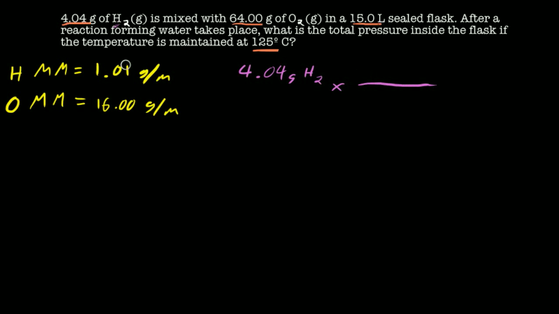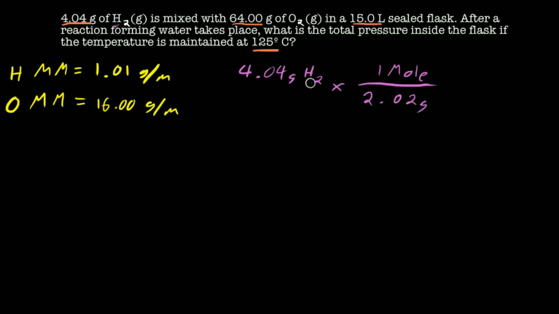And what is our molar mass going to be? Well, it's going to be 2 times the molar mass of hydrogen, because we've got 2 hydrogen atoms in each molecule. So it's going to be 2.02 grams per 1 mole.